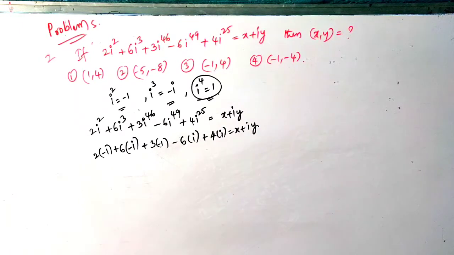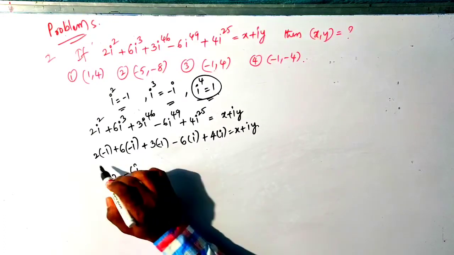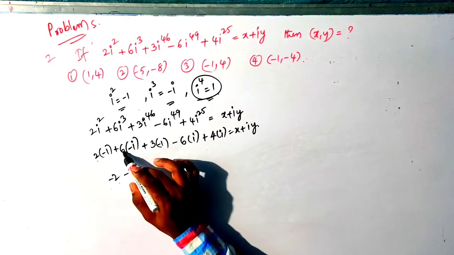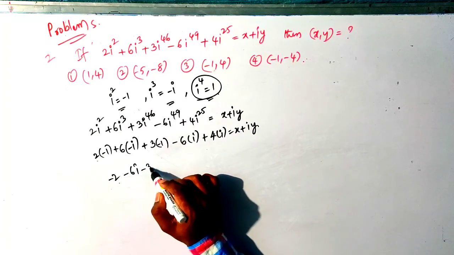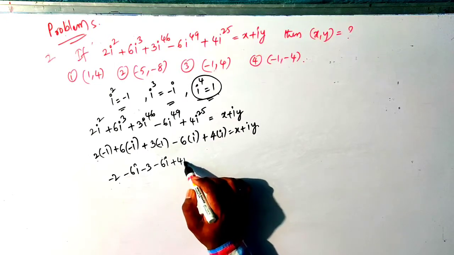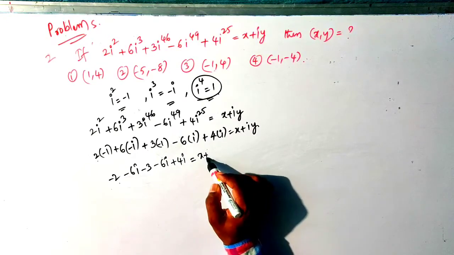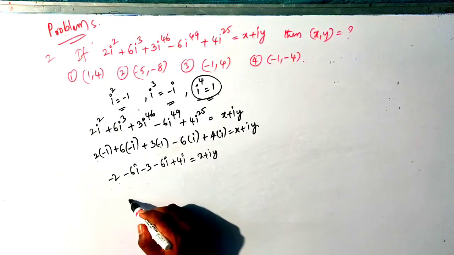So 2 into minus 1 is minus 2, minus 6i, plus 3 into minus 1 is minus 3, minus 6i, plus 4i equals x plus iy. So minus 2 minus 3 is minus 5.